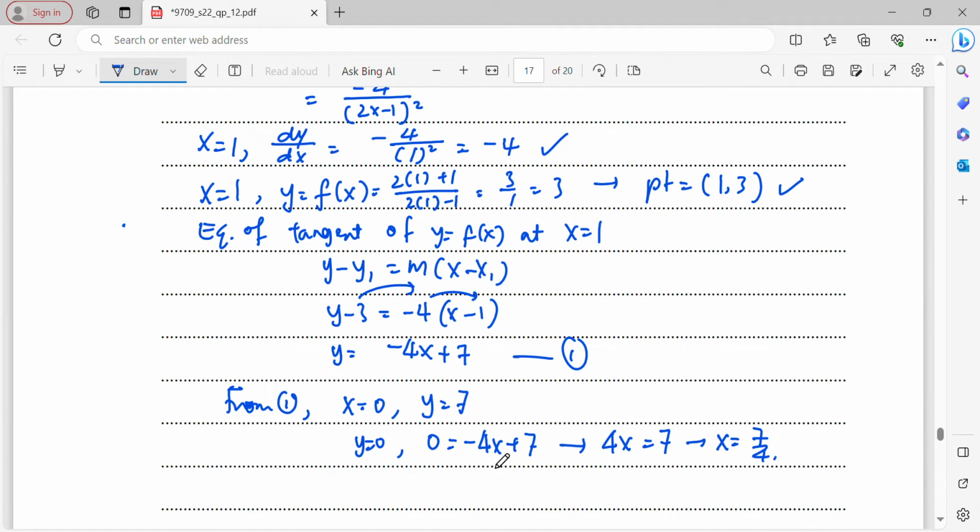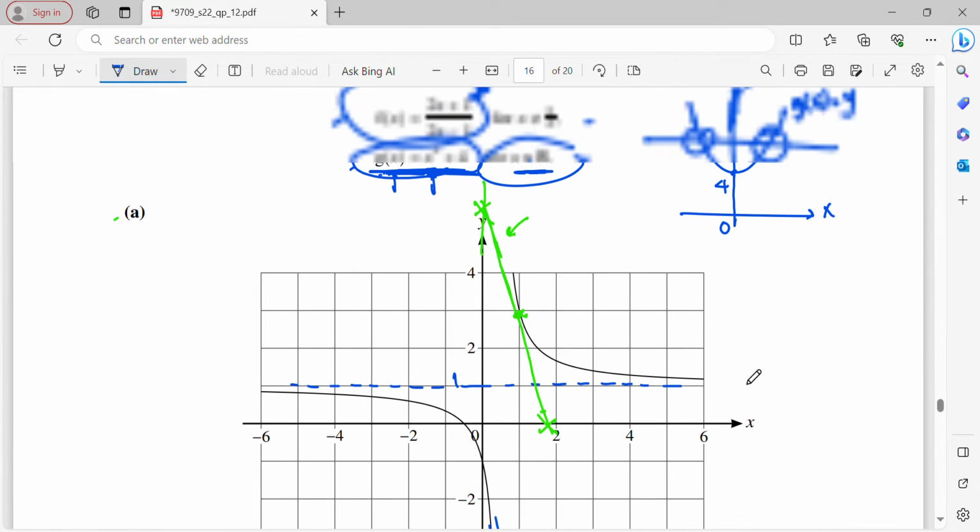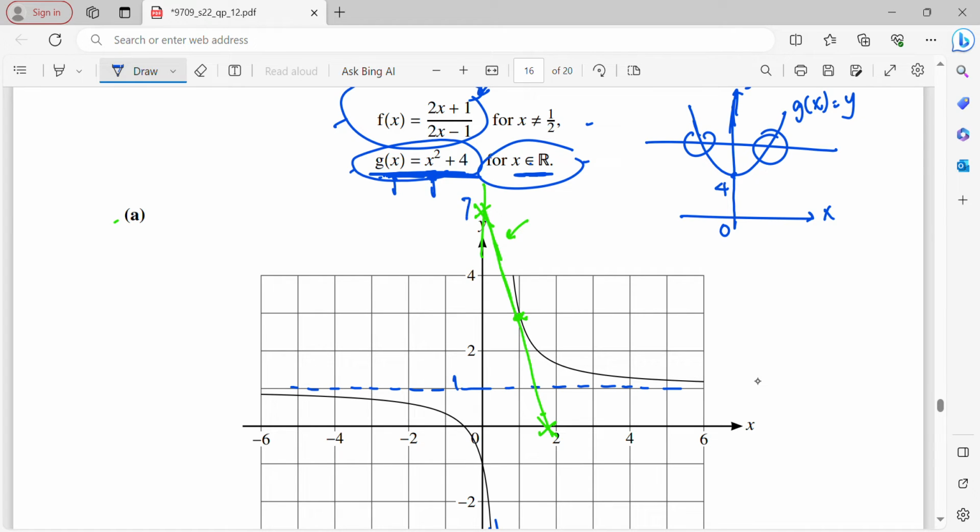So now I will label these 2 points on the diagram. So 0, 7, 7 over 4, 0. So 0, 7. That means here is 7. Here is 7 over 4. So if you need to find area of this triangle, obviously is half times 7 times 7 over 4. That's the area.